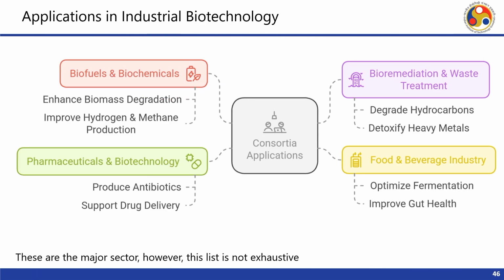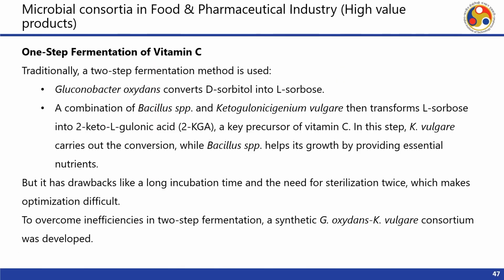In the pharmaceutical and biotechnology industry, it helps in producing antibiotics and supports drug delivery. In bioremediation and waste treatment, it degrades hydrocarbons and detoxifies heavy metals. In the food and beverage industry, it optimizes fermentation and improves gut health. These are some of the major sectors, but this is not an exhaustive list. There may be many other interesting applications of microbial consortia.